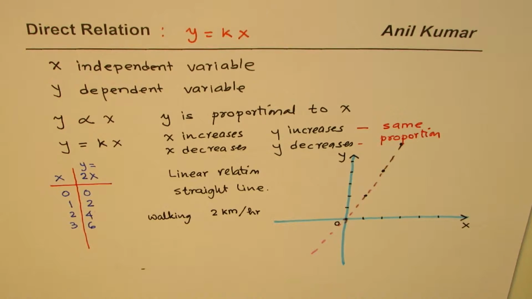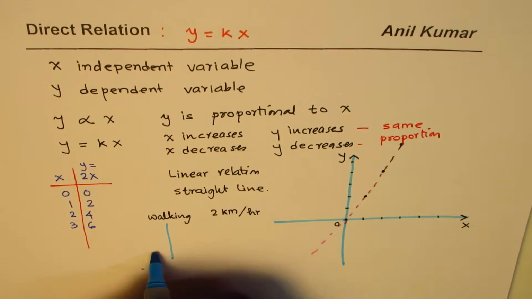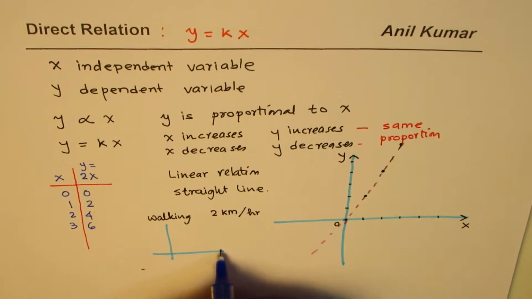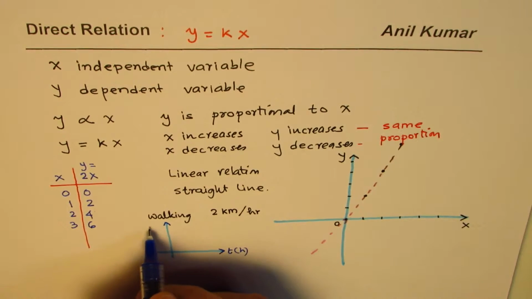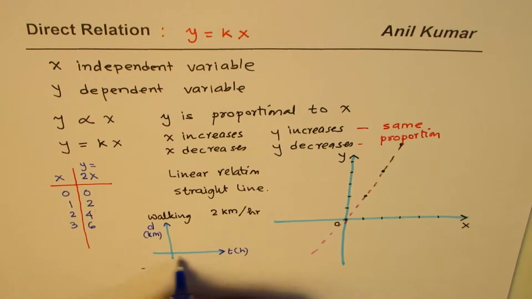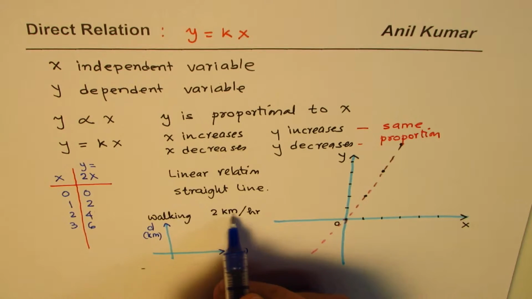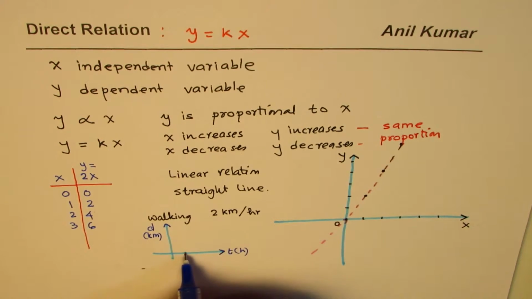So in this case, if you want to make a graph between time and the walking distance, I write time here in hours, and distance in kilometers is dependent on how much time we walk, at a constant speed of 2 kilometers per hour.